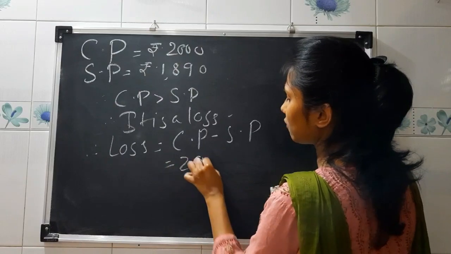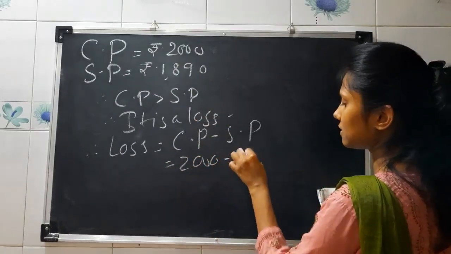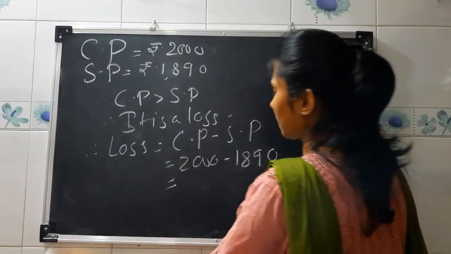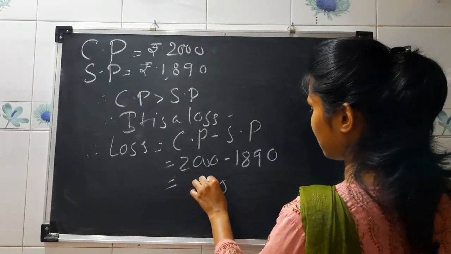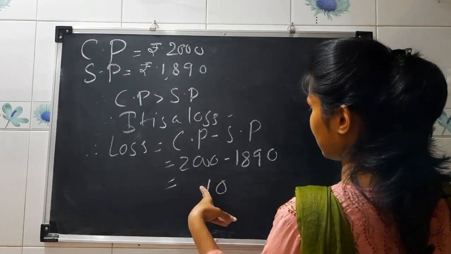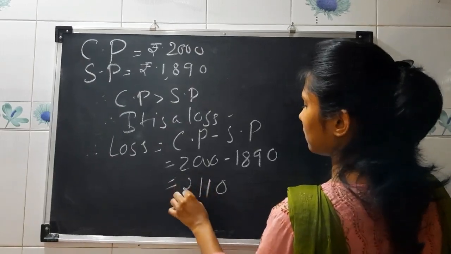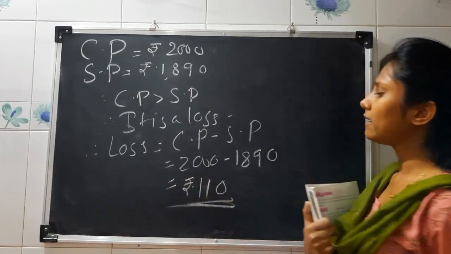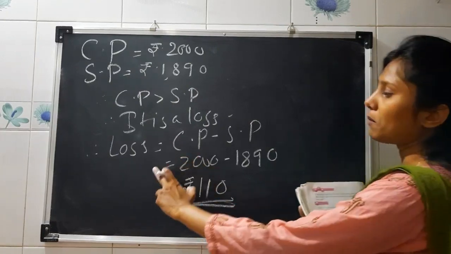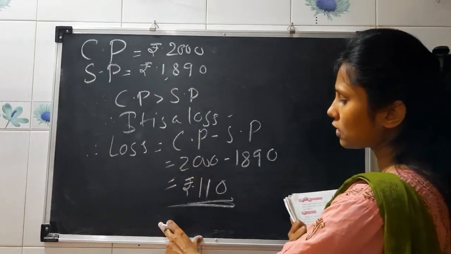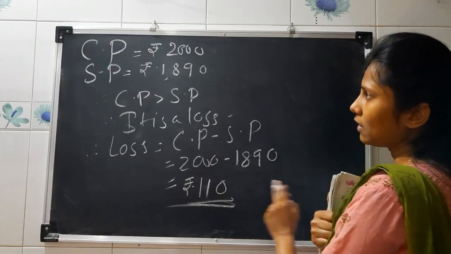Cost price 2000 minus selling price 1890 is 110. So Hamid bhai suffered a loss of rupees 110.